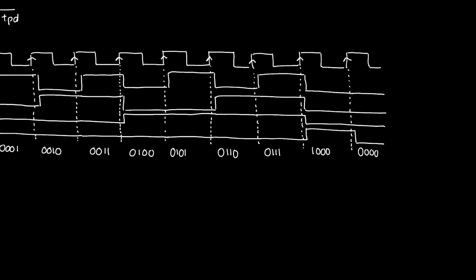And then Q2 would toggle only sometime TPD after Q1 was toggling, and Q3 would toggle sometime TPD after Q2 was toggling. In other words, Q3 would be toggling at 4 times TPD after the rising edge of the clock.